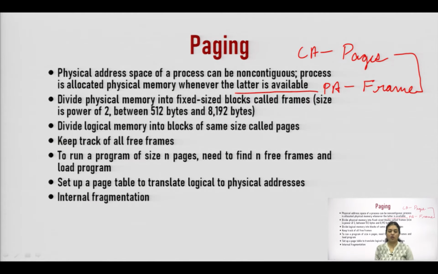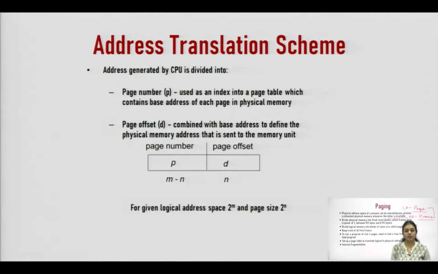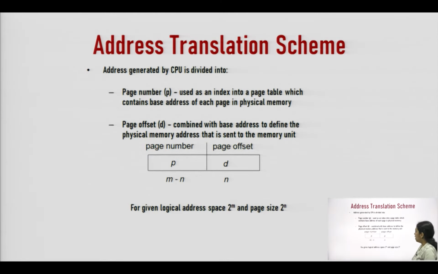Okay. So, now we have our logical address space that is divided into pages and physical address space that is divided into frames. Now, we need to convert our logical address into a physical address. This is the address generated by the CPU.